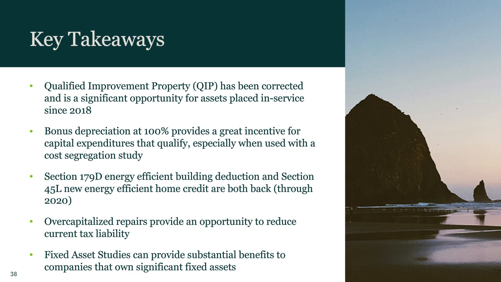It has to be enforceable under state law. So if you started construction on a building with a written binding contract prior to that September 27th date of 2017, then you would revert back to the pre-Tax Cuts and Jobs Act bonus percentage. So in this case, even though you're placing it in service in 2018, in a 100% bonus depreciation year, you would only be able to get 40% bonus on those assets that are carved out from the cost segregation study.